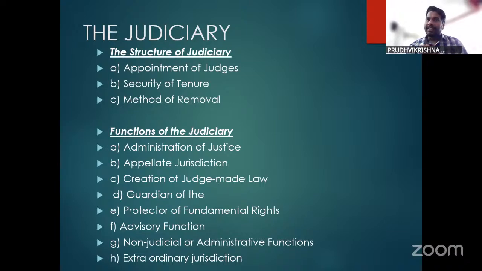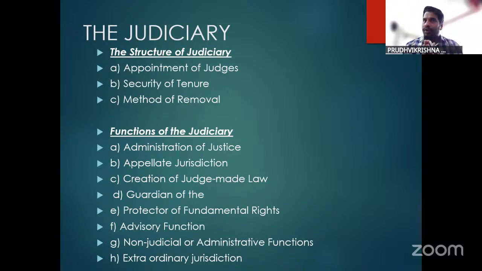Here the legislature makes the laws and policies. This is related to the legislature. Next, the executive. We all know that it is the second important organ of the government. Its main function is to implement the laws and to look after whether the laws are implemented correctly or not, to carry out the policies and programs or laws, and to maintain law and order.